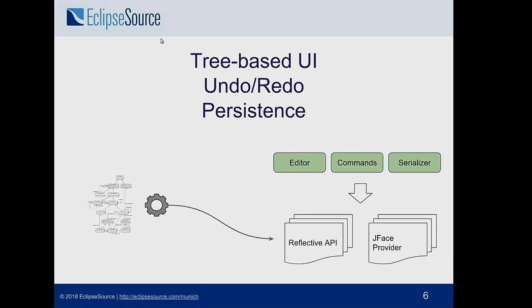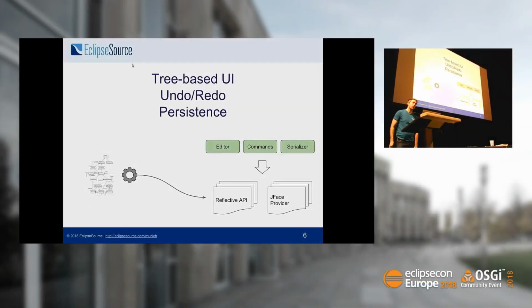Okay, next feature I want to show you, or combination of features, is a tree-based UI with undo, redo, and persistence. The reason why I show you those features in combination is that they are all supported from scratch. You don't need to write a single line of code to get those. The reason for that is EMF generates what's called the reflective API.